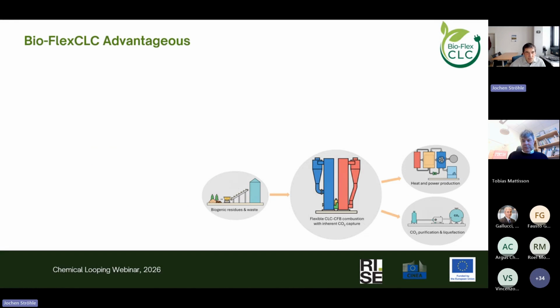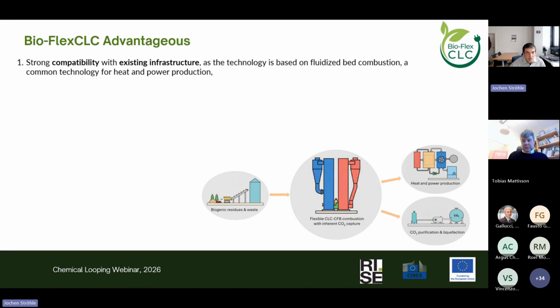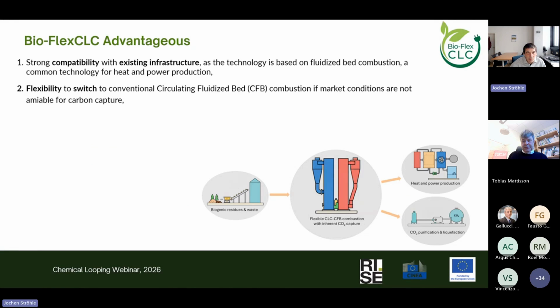The advantages of the system are a strong compatibility with existing infrastructure, so we could even use existing CFB technology and then extend it to chemical looping. We can switch between CFB and CLC depending on market conditions.